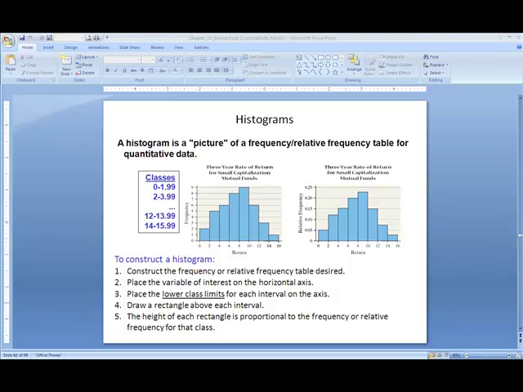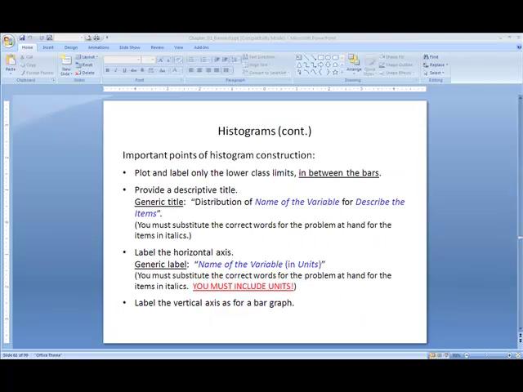So the rectangle above each of the intervals will tell the frequency, how many, or the relative frequency in each of the classes. What you should remember when you're constructing a histogram: first of all, plot and label only the lower class limits. We call those cut points, so we want the cut points only to be the lower class limit of each of the classes.